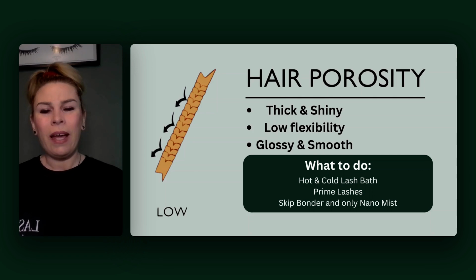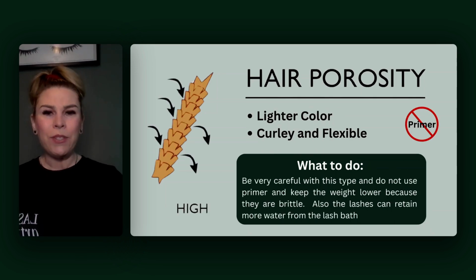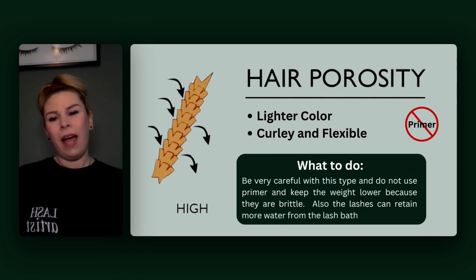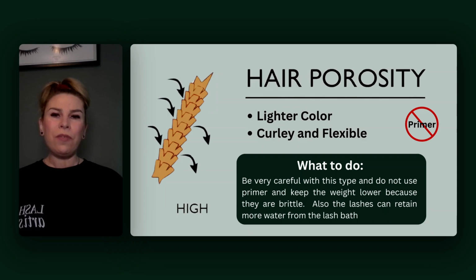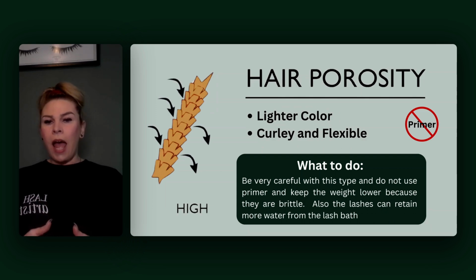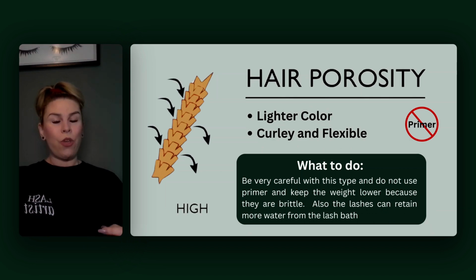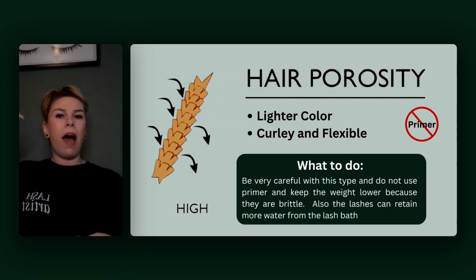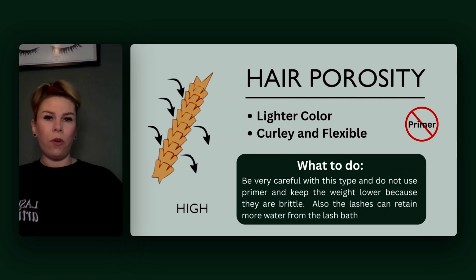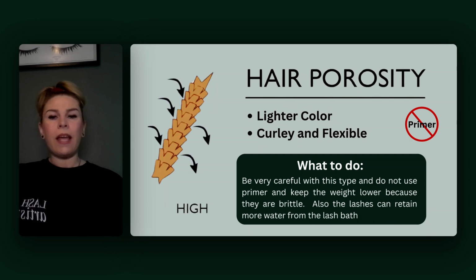They love it. So when it comes to high porosity, often these clients' lashes are lighter in color. They're curly and flexible. So again, you can take your lash tweezer and see how easy it is to pull their lashes up towards the ceiling, or even side to side if you want.